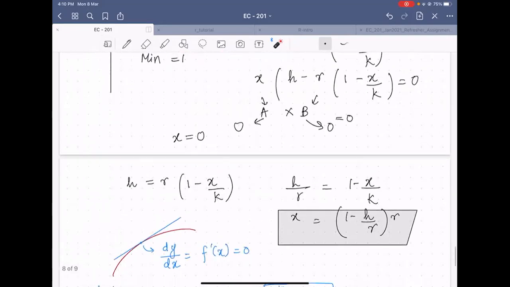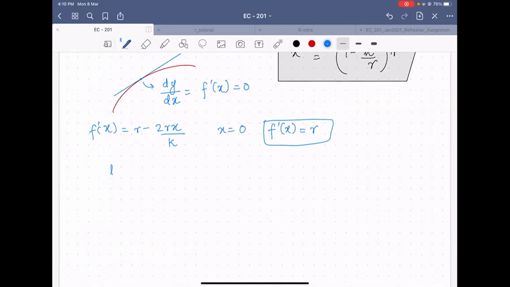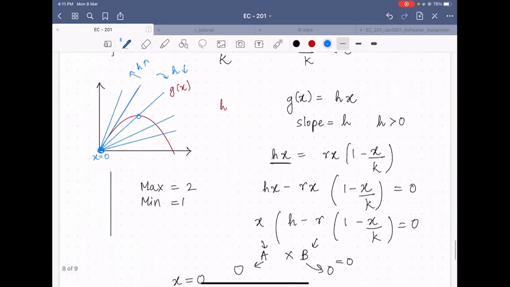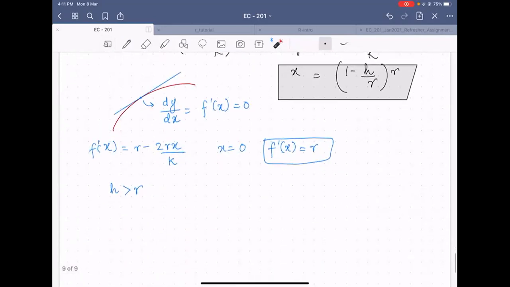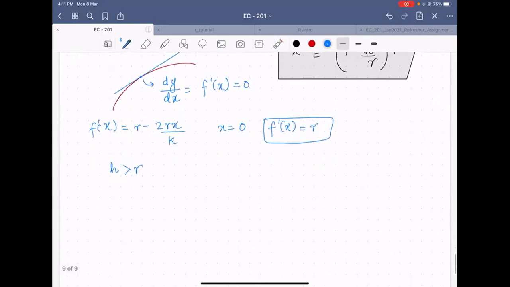So from this analysis, I know that when h is greater than r, which is this region, when my h is greater than r is this line, there is only one point of intersection.